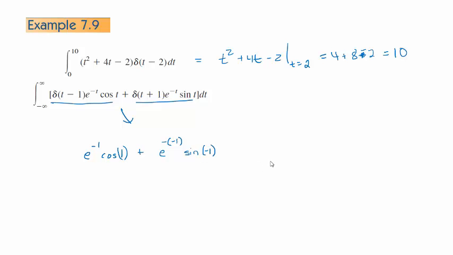It's just a matter of evaluating that, and it will come out to be 0.1988 minus 2.2873, which will equal minus 2.0885. In your calculator, make sure that it's in radians, not degrees. Okay, so that's the sifting property.